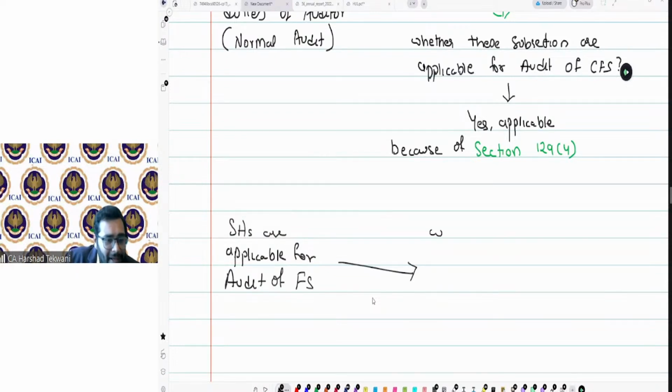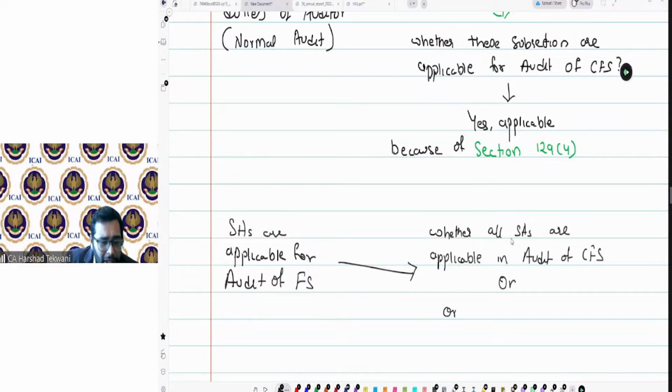The question comes is whether all SAs are applicable in audit of consolidated financial statement, or only SA 600 is applicable. So let's see who will give the first answer to this. The first person to answer this question, whether all SAs are applicable to the audit of CFS or only SA 600 is applicable.